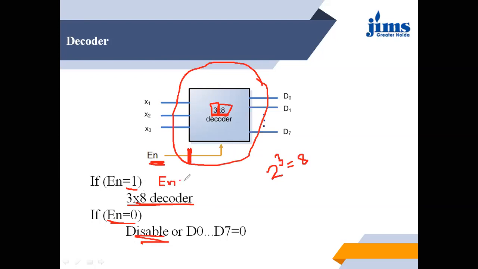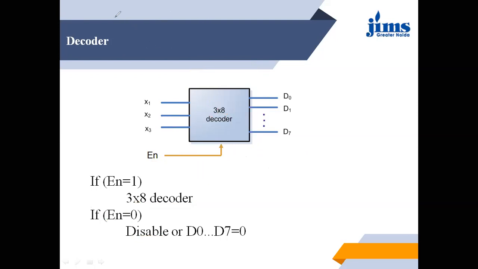We can also do that. It depends on how we design our circuit. But the main concept is that on one value it will work as a decoder, and on another value the circuit is in high impedance, meaning it will not work at all.